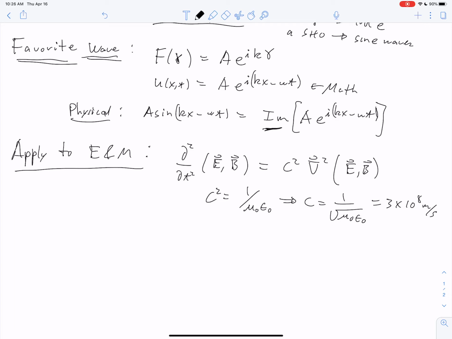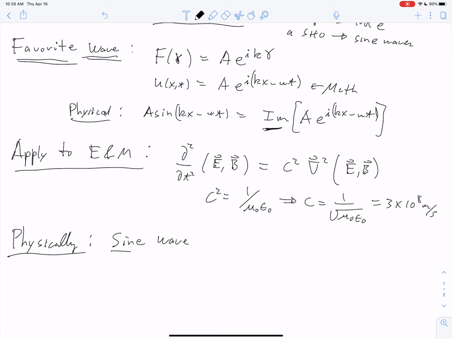And so now we want to take a look at the solutions of this wave equation. Let's consider our favorite. So physically, our favorite wave is this one, the sine wave.